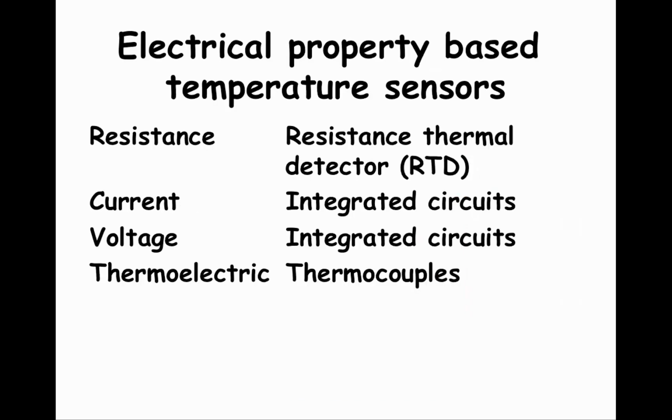We are going to spend more time talking about thermoelectric thermometry or thermocouples, resistance temperature detectors, commonly called RTDs, thermistors, and integrated circuit thermal transducers. Here is a table listing 4 electrical properties and the corresponding temperature sensors.